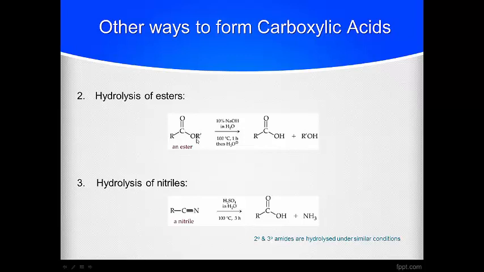So we've just swapped this R group for a hydrogen and we've made the R group into an alcohol. So hydrolysis is adding on a hydrogen to your molecule. And with the nitriles it's adding on our water. So we're adding on a bit more and it's under acidic conditions. We'll talk a bit more about this reaction at a later stage.